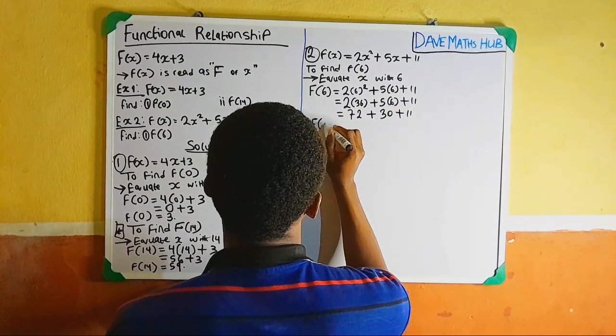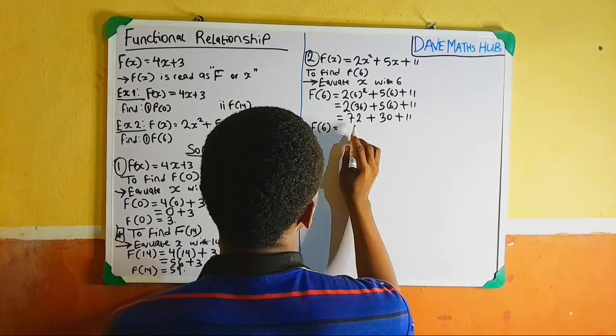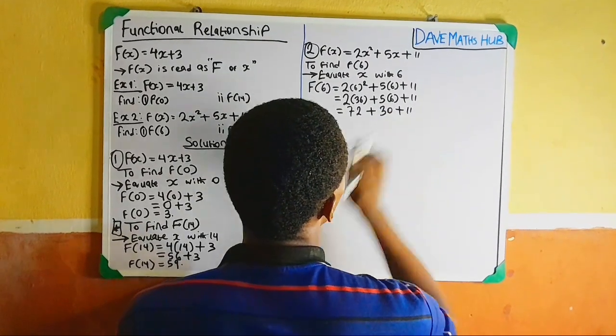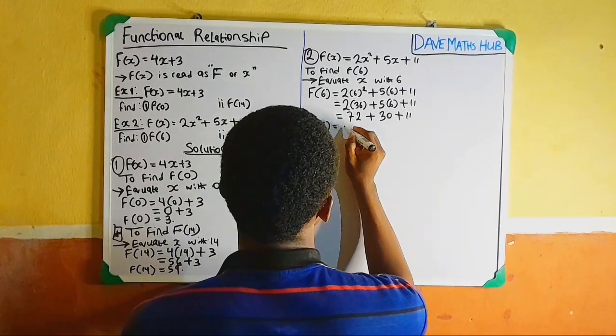Thereby, f of 6 equals 72 plus 30, 102, plus 11, 113.